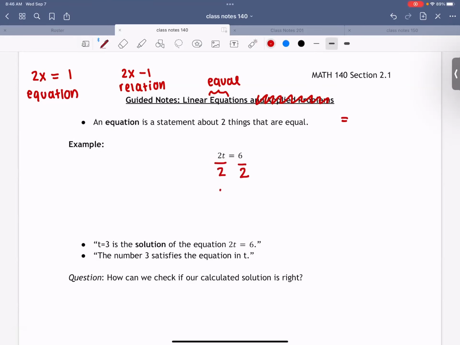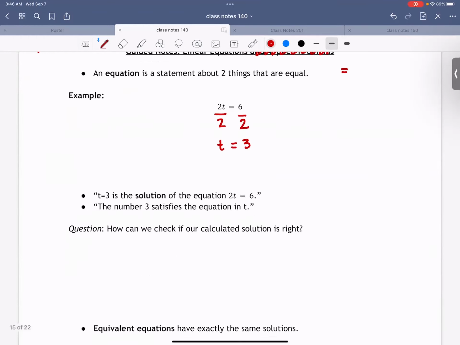On the left-hand side, we're left with t. On the right-hand side, we are left with 3. We call 3 a solution of the equation. Sometimes we'll say 3 satisfies the equation in t. Any questions?